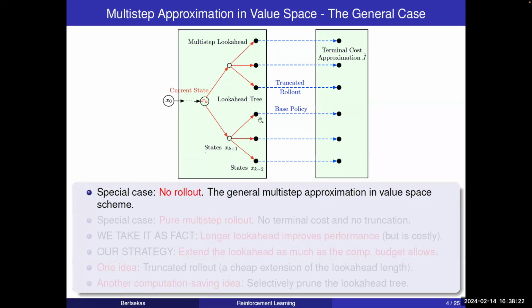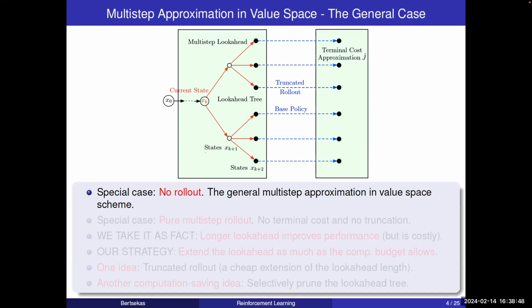We evaluate the cost of these leaf nodes using some kind of terminal cost function approximation and possibly a base policy. So the idea of multi-step lookahead is to do this depth-limited exact dynamic programming calculation where the terminal costs of the leaves are given by some terminal cost approximation.